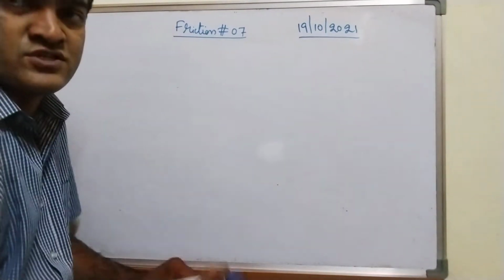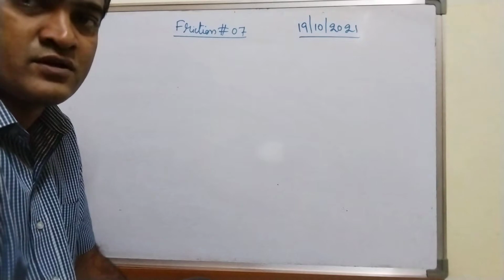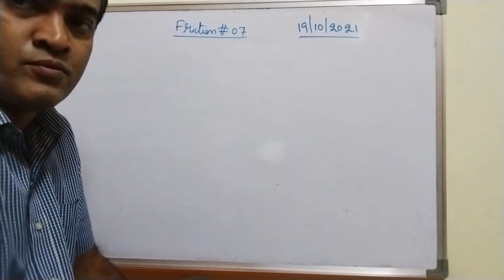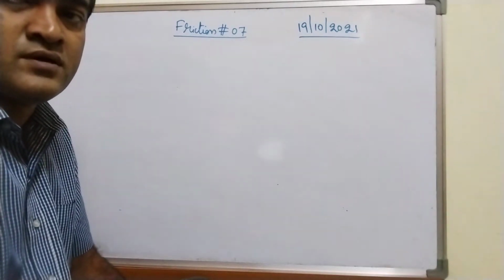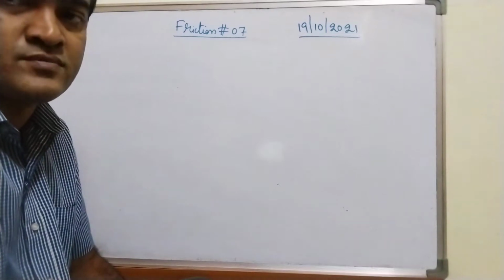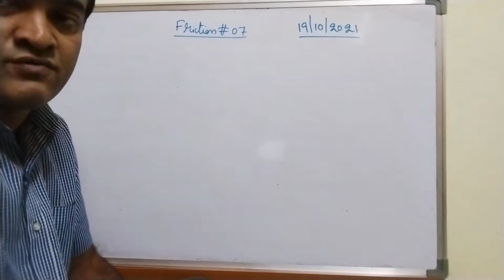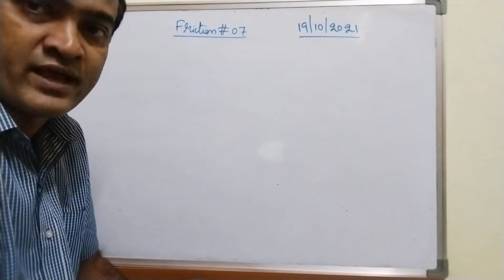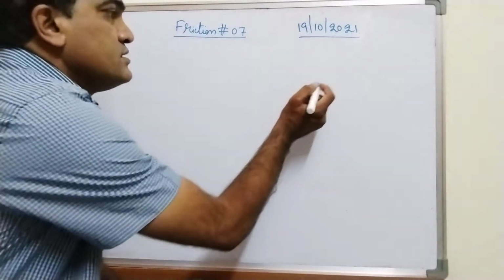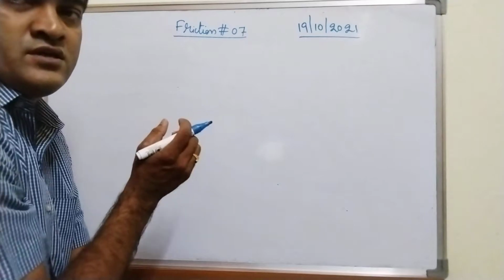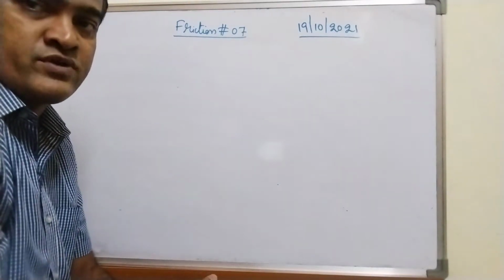I'll just draw the diagram and show you the resolution of components of weight, and also the formula for angle of repose. I'm just recalling the topic that we have discussed earlier.